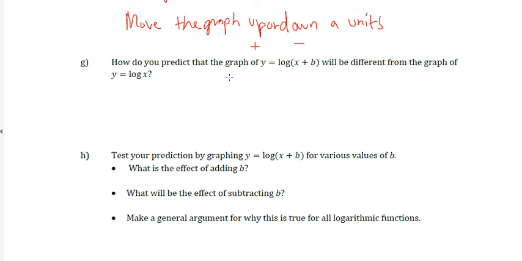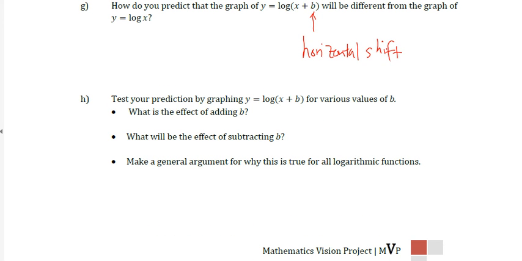How do you predict that if we're going to be adding it inside the logarithm? Now this is called a horizontal shift. So instead of up, down, it's side to side. And it's a little counterintuitive here. The effect of adding b, in particular, we're moving over the asymptote.